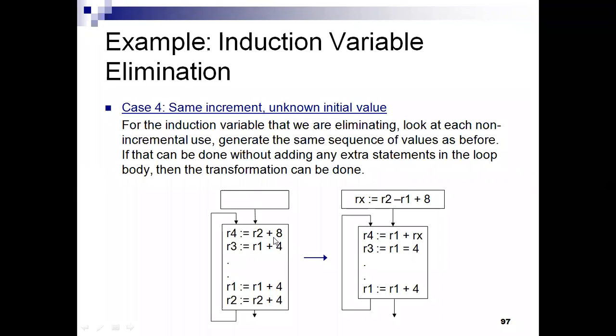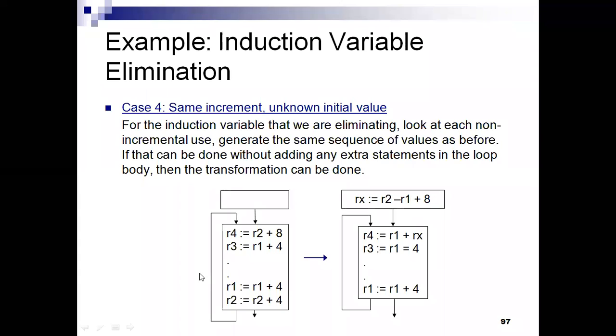R2 plus 8, right? Instead of this computation, I am using the computation R1 plus Rx. Rx is R2 minus R1 plus 8. The R1 and R1 are cancelled, and finally it is R2 plus 8.